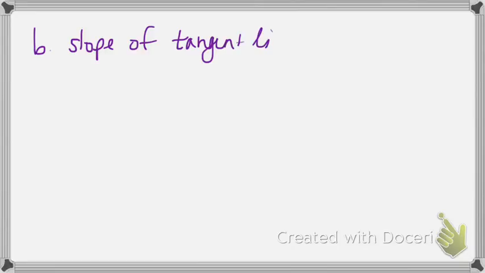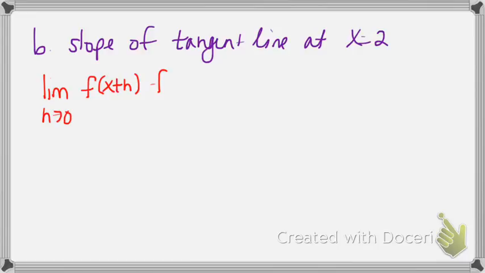The B part is to find the slope of the tangent line at x equals 2, and then even some other values in a minute that we'll look at. In order to do that, we have to use that formula, the limit as h approaches 0 of f of x plus h minus f of x all over h.